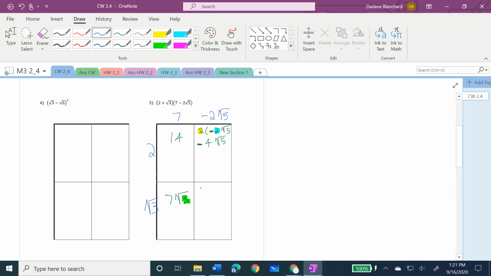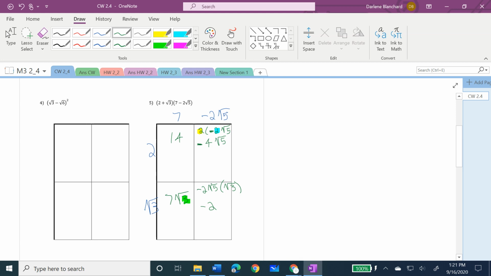Then, one final box, I'm multiplying negative 2 root 5 with root 3. If I were adding these two numbers, I would not be able to add root 5 and root 3 together.